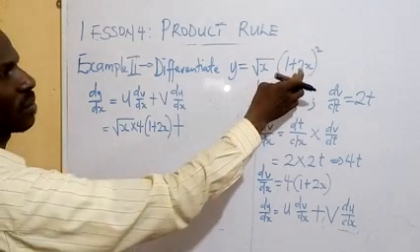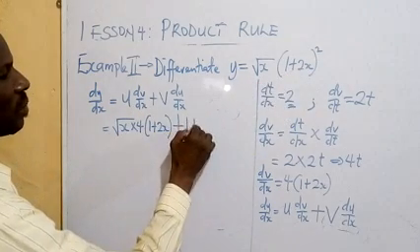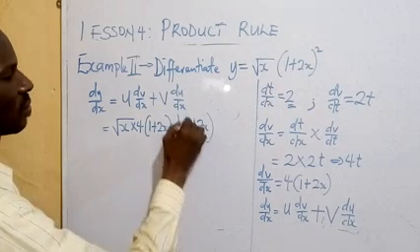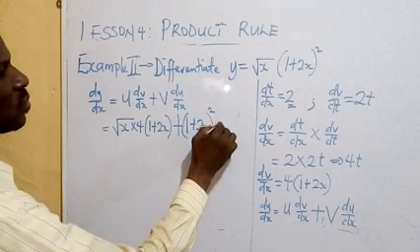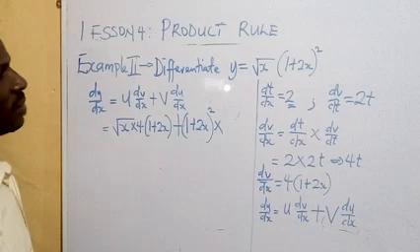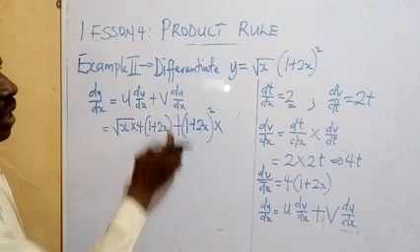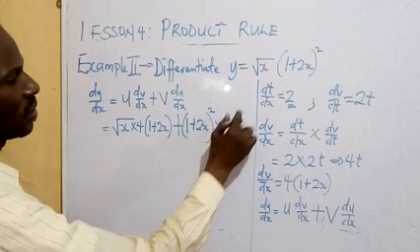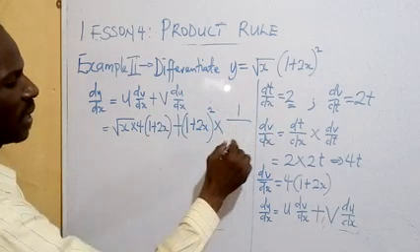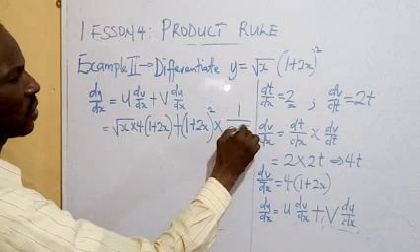Our v is 1 plus 2x to the power 2, multiplied by du/dx. Don't forget that our initial du/dx is 1 divided by 2 root x.